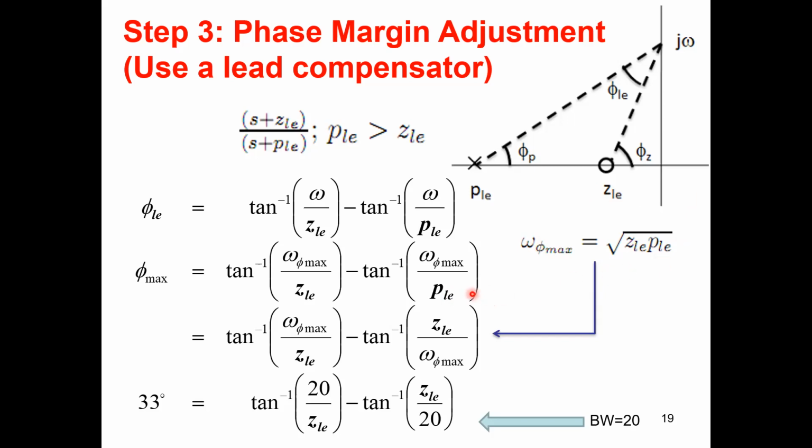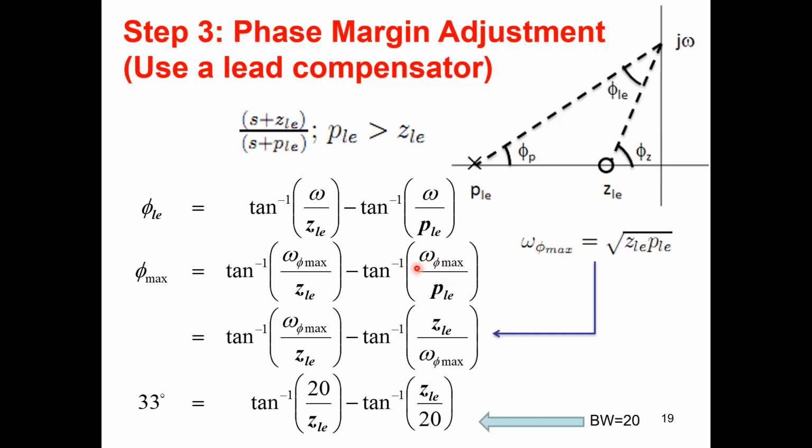If you look at, for example, here, omega phi max over PLE. Get the square of both sides: omega squared phi max is equal to ZLE times PLE. So what you have here is omega phi max over PLE. Isolate one of the omega phi max, there are two of them. Take one of them here and get this PLE to the left hand side.